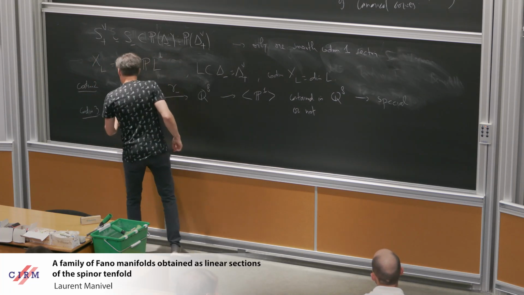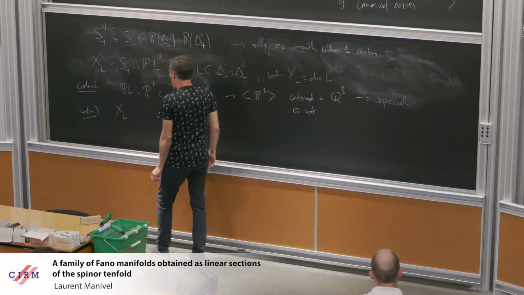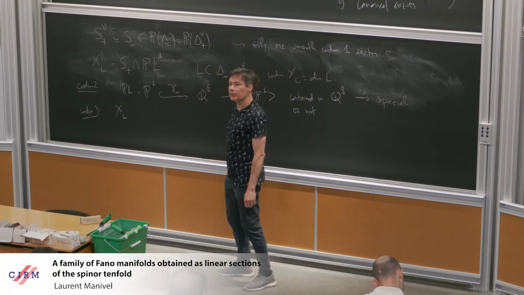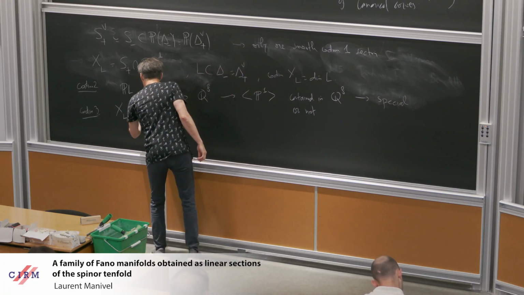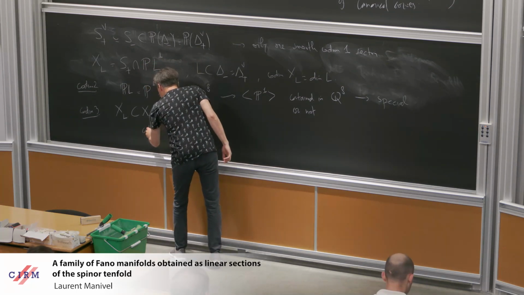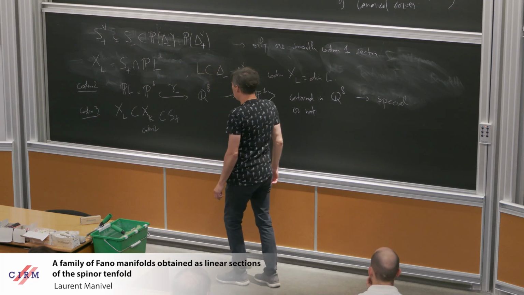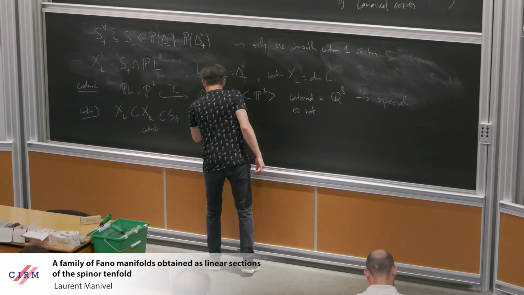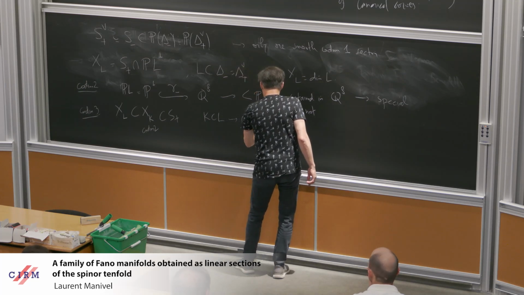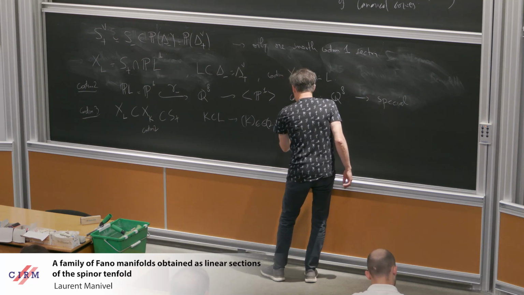What is natural is to look at, so if you have your XL, you can look at the oversections. So you look at the codimension 2 sections, XK. They are parameterized by hyperplanes in L. So this is just a P2.